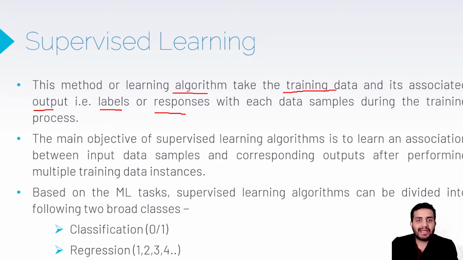What do I mean by that? Heavy terms like training samples, labels, outputs might look tricky at this point of time. Still the same thing, guys. When I say labels, it is nothing but the output, which is whether the person is having cancer or not. When I say training samples, I mean the feature sets. There are a lot of different samples. I cannot say that a person is having cancer just by seeing one patient in the training process. I need to see thousands and thousands of such patients to identify the patterns, right?